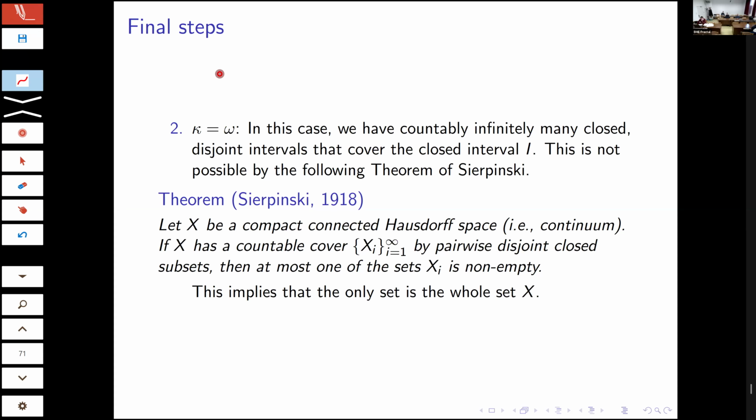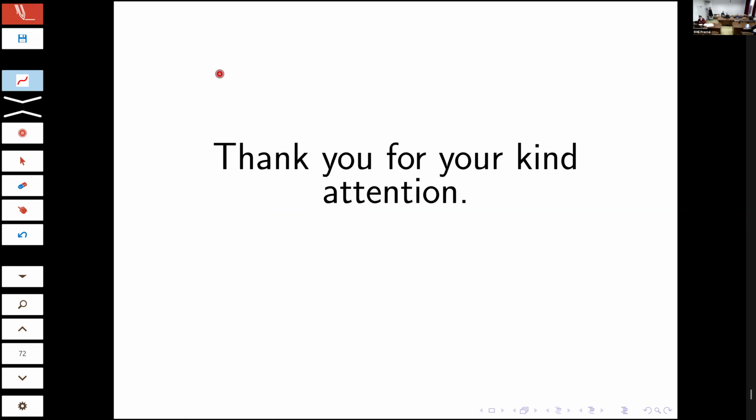It's very strangely written in this way, but Sierpinski told it in this way. So if you cover a continuum by disjoint closed subsets, then only one remains. And this is basically what we need, because this means that on the whole interval it is symmetric. Thank you for the kind attention.